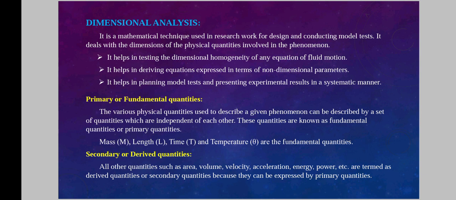For example, mass, time, length, temperature are the fundamental quantities. And the secondary or derived quantities are all other quantities such as area, volume, velocity, acceleration, energy, power, termed as the derived quantities or secondary quantities because they can be expressed by using the primary quantities.